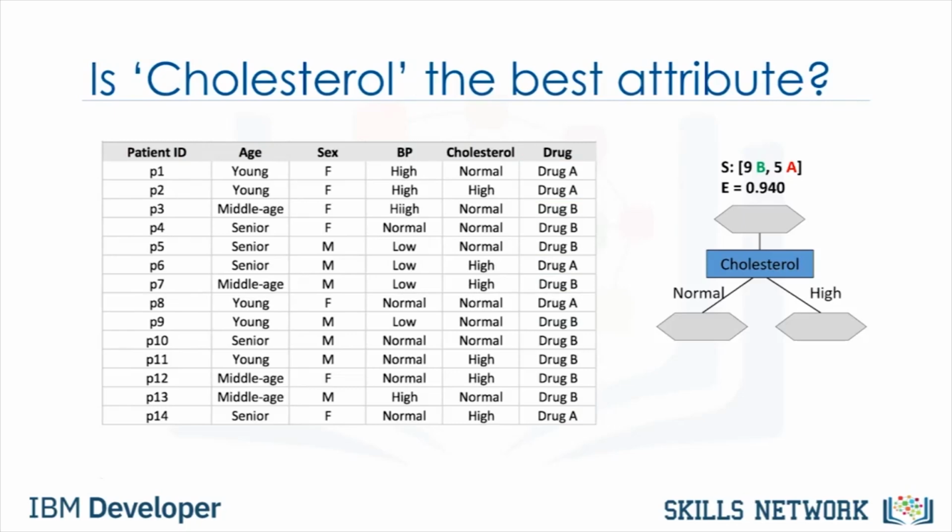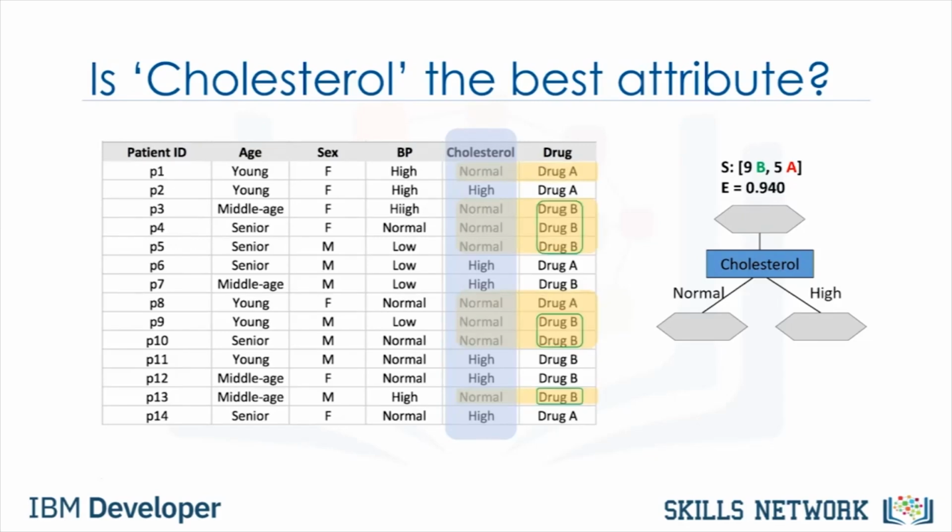Now we can test different attributes to find the one with the most predictiveness, which results in 2 more pure branches. Let's first select the cholesterol of the patient and see how the data gets split based on its values. For example, when it is normal, we have 6 for drug B and 2 for drug A. We can calculate the entropy of this node based on the distribution of drug A and B, which is 0.8 in this case.